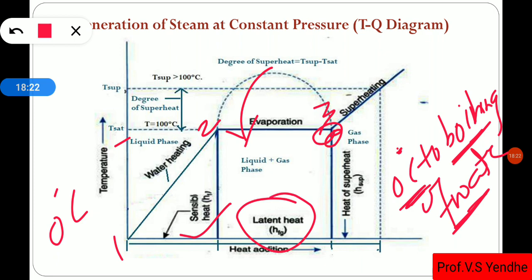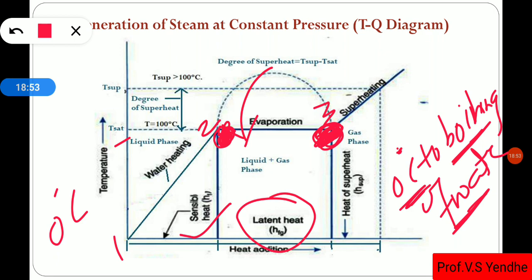It is the amount of heat required to convert the saturated liquid at 100 degrees Celsius to the saturated vapors. Here we will get saturated liquid plus steam, then at this point only saturated steam.